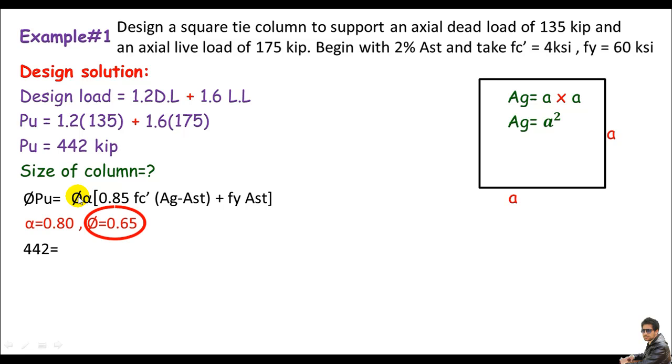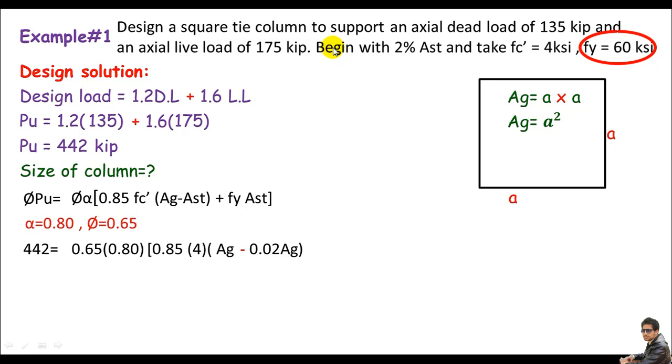Of course it's here, 0.65, times alpha, which is 0.80, times 0.85 times FC prime, which is 4 KSI, times AG, which is unknown, minus AST, where AST is of course 2% of the gross cross-section area, so 0.02 AG, plus FY, which is of course 60 KSI, the strength of steel, and AST is again 0.02 AG.